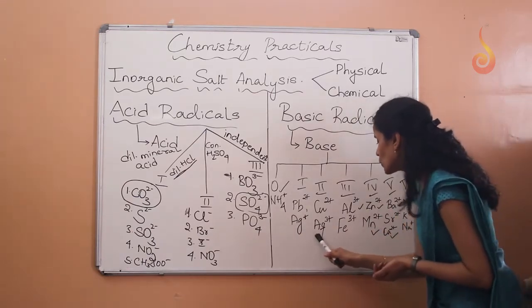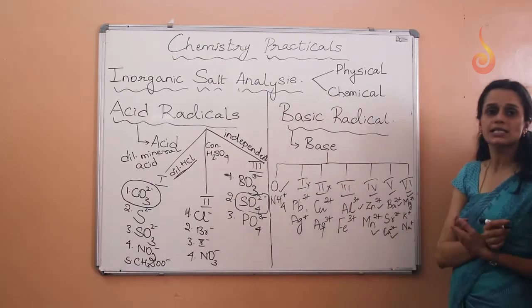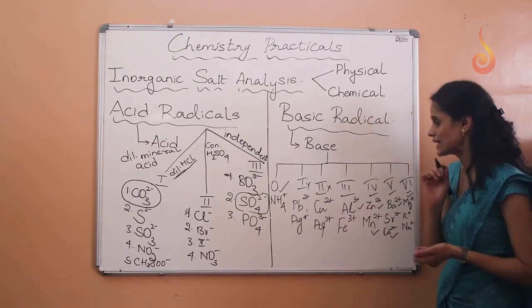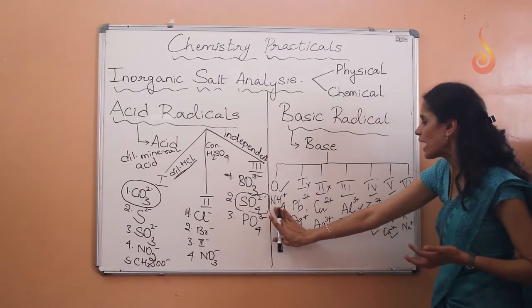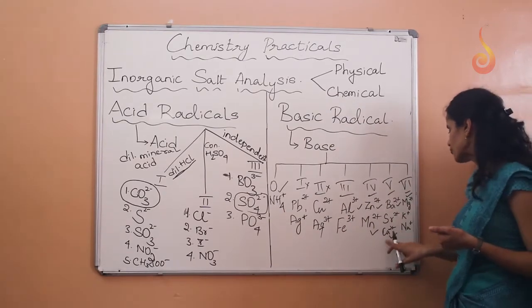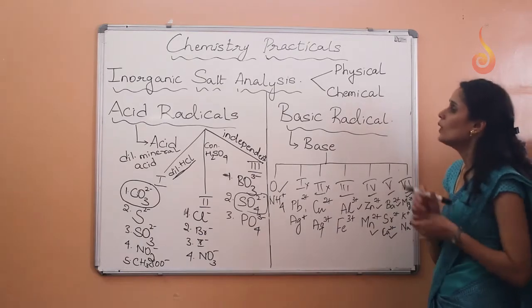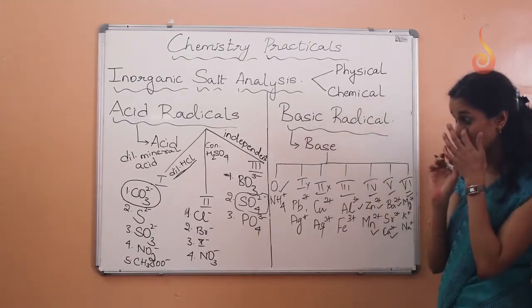But we don't have any radicals of first group and second group for the syllabus. So we only have the radicals of 0 group, third group, fourth group, fifth group as well as sixth group.